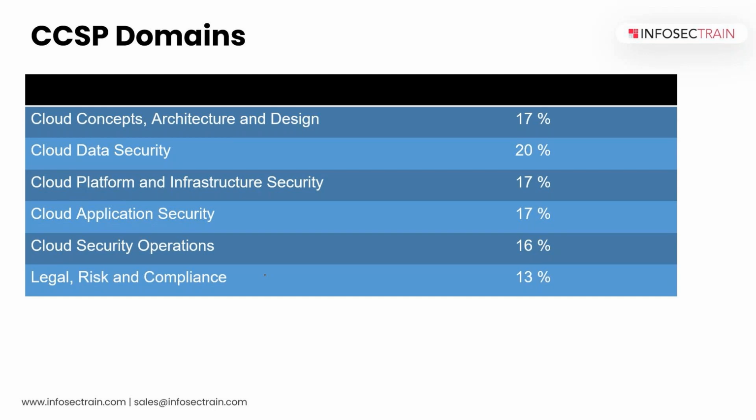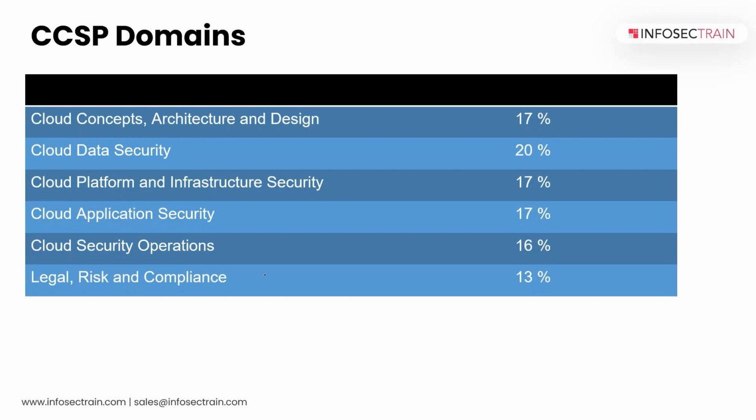All these things we are going to learn here. It also helps you understand how flexible it is, how you reduce the cost, how you ensure control, and definitely responsibility: what is your responsibility as a consumer, and what is the provider's responsibility? Everything we learn and understand in domain one.